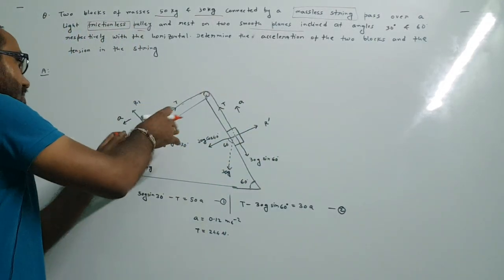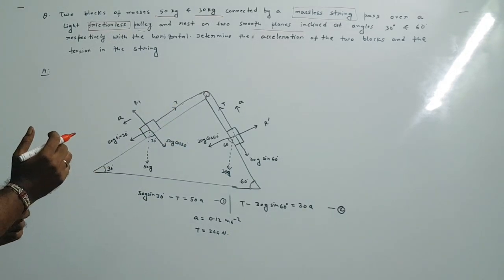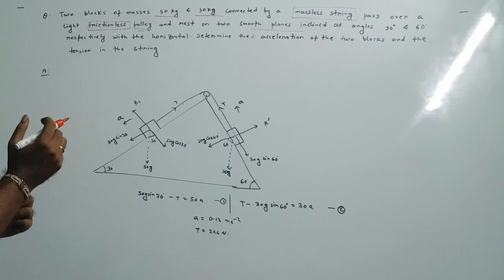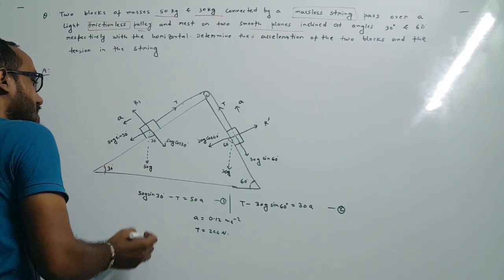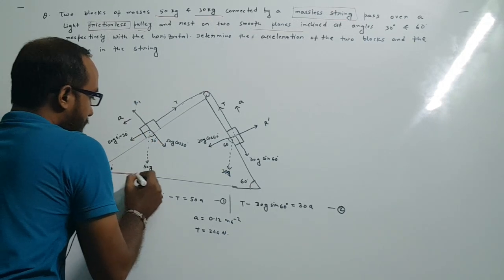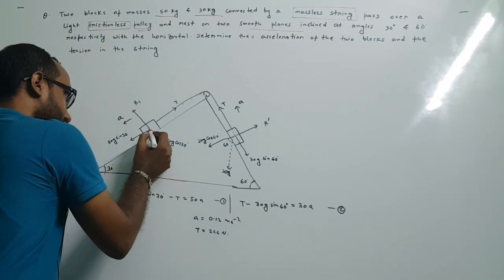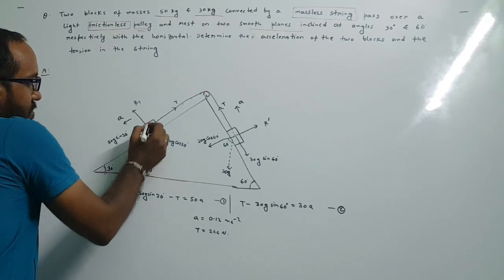Here in this diagram we will see how to draw the FBD and how to determine the acceleration and tension. Here the angle is 30 degrees. Always remember, the weight is always perpendicular to the horizontal.